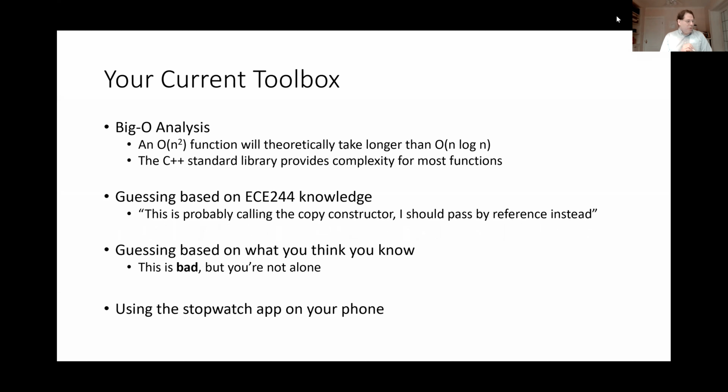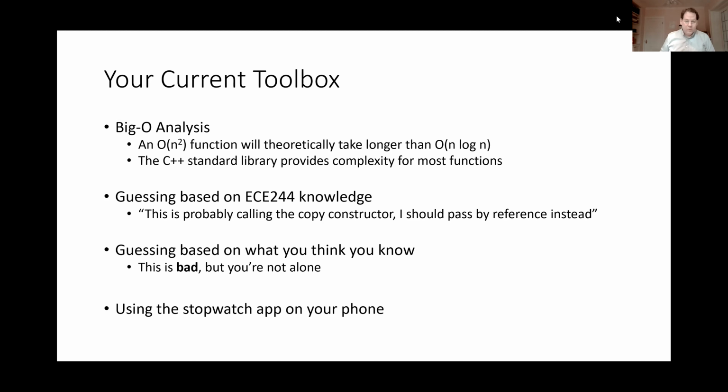Okay, so what's your current toolbox? What do you know how to do? You know big O analysis, and that's an important technique. It's part of what tends to differentiate computer engineers who are trained in a university in a rigorous program like you are versus people who are self-taught programmers. You can analyze the complexity of various data structures and algorithms and figure out which ones are going to be faster as the problem gets big.